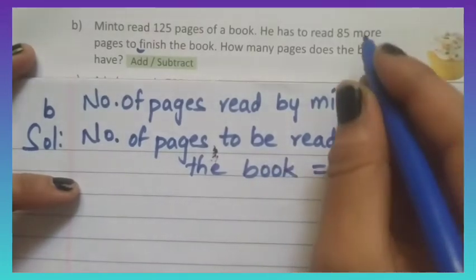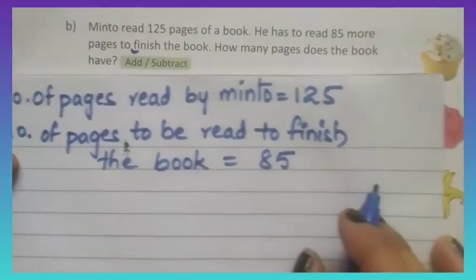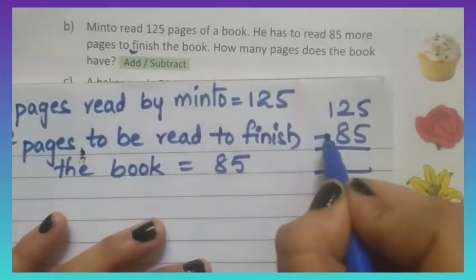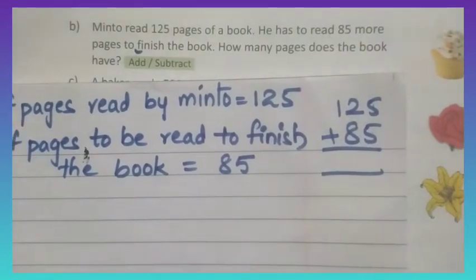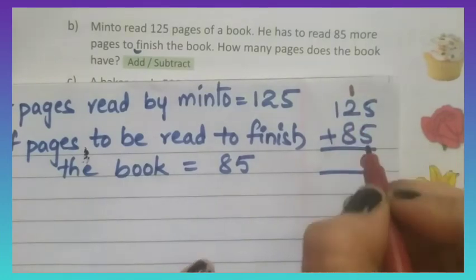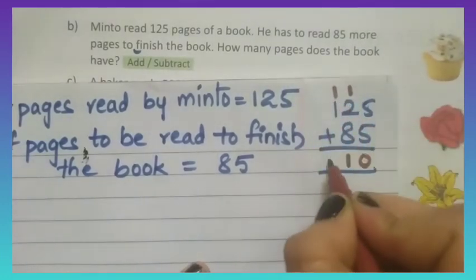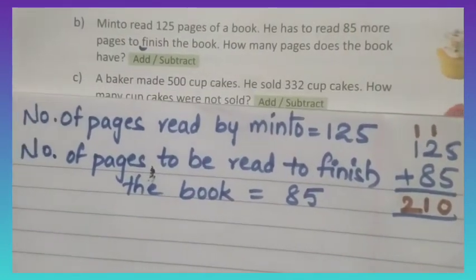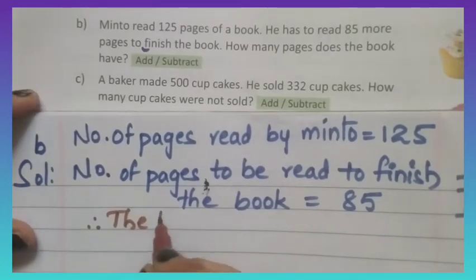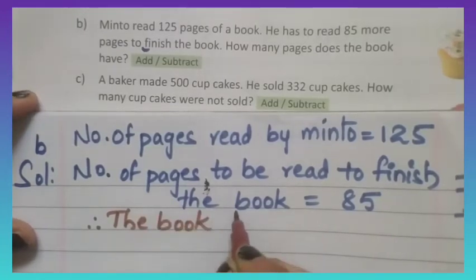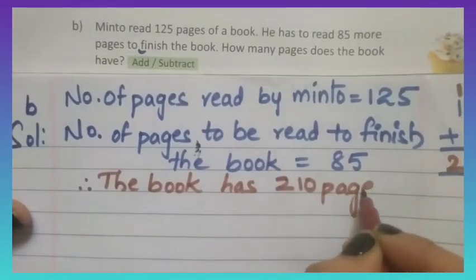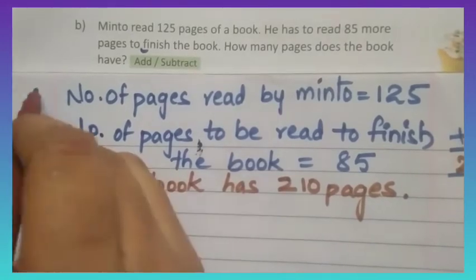How many extra? 85. Now add this to 125. 5 plus 5? 10. 0 here, 1 carry. 1 plus 2, 3. 3 plus 8? 11. 2. 210. Therefore, the book has 210 pages. Okay, this is B answer.